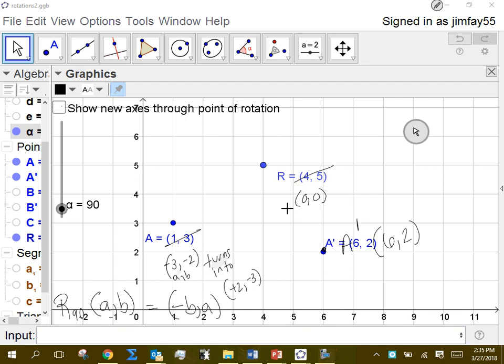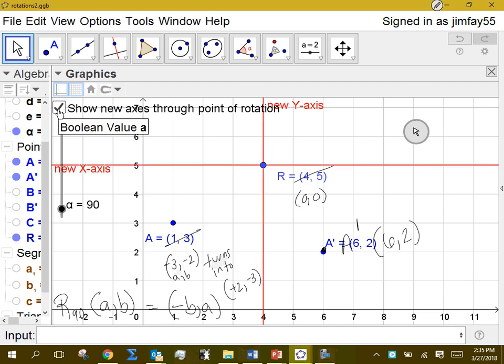Or even they're just fractions. It's a pain when they're fractions. We should be able to go through an algebraic process that will generate this rotation for us. And here's the idea, or here's the process.